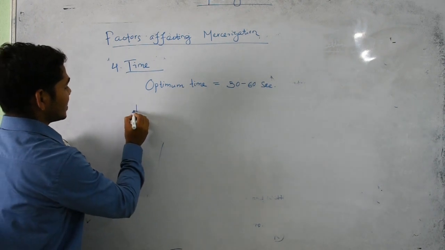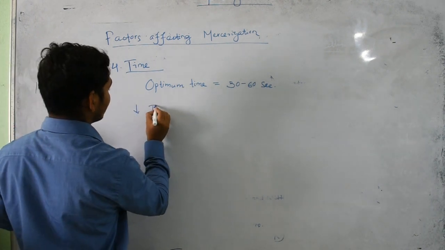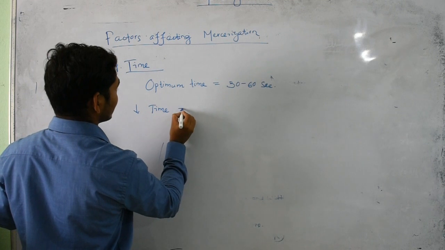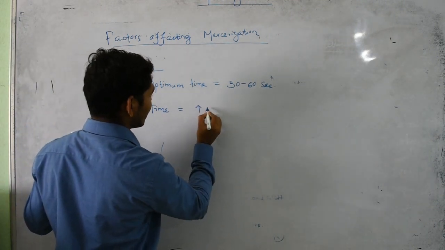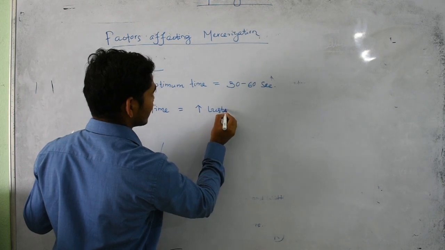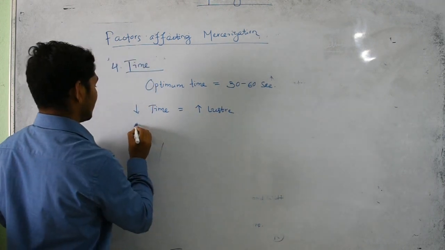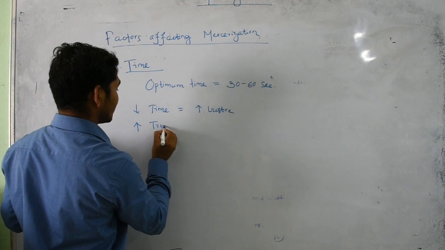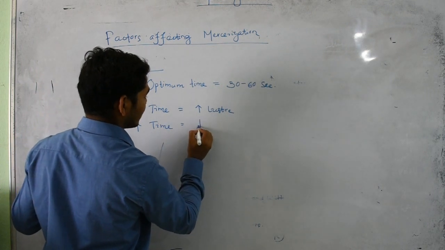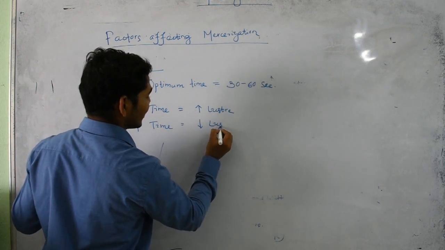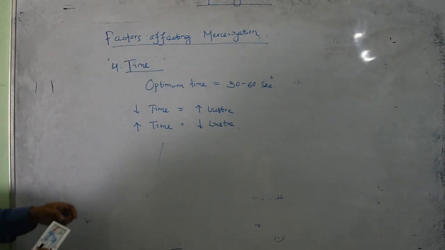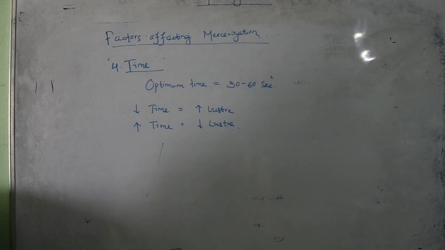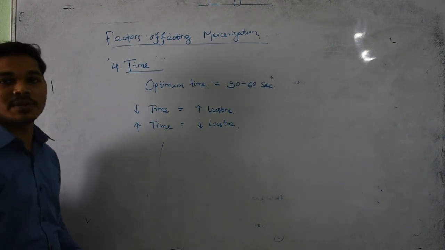Now, if there is decrease in this time, then there is decrease in luster, and when the time period is increased, there is no significant increase in luster. So, these are the factors that actually affect the process of mercerization.